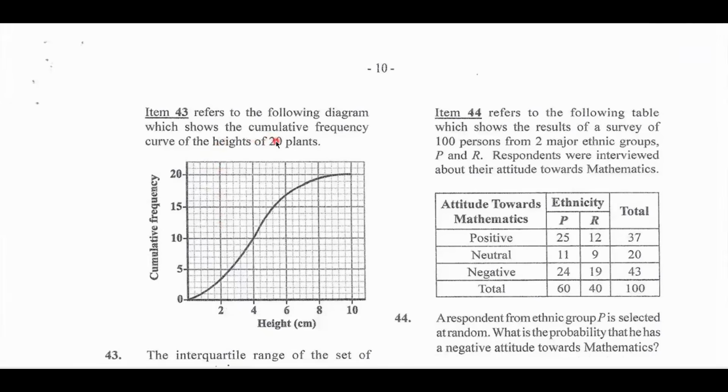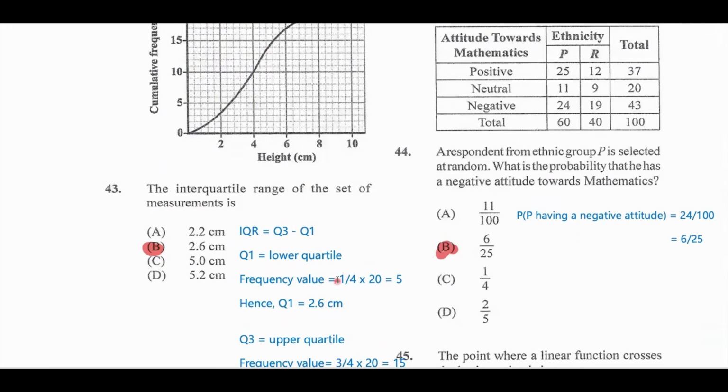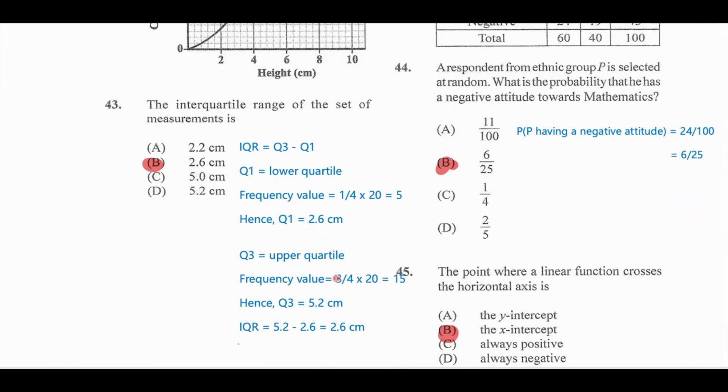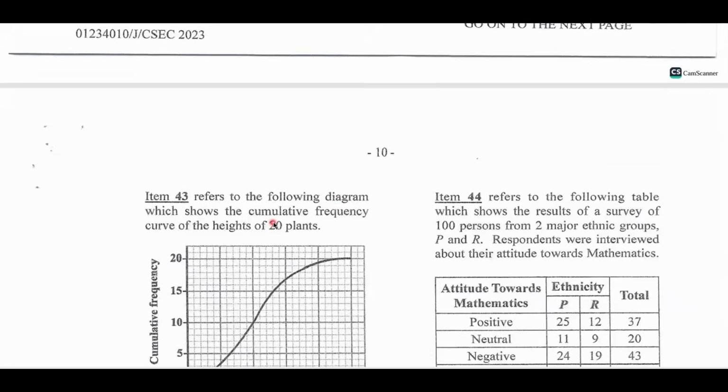43 refers to the following diagram, which shows the cumulative frequency curve of the heights of 20 plants. Okay, interquartile range. These kinds of questions do take some time. Your IQR, interquartile range, is Q3 minus Q1. Q1 is your lower quartile value. The lower quartile refers to a quarter of your total frequency, which is 20 plants.